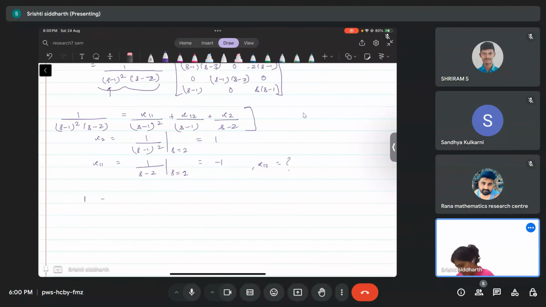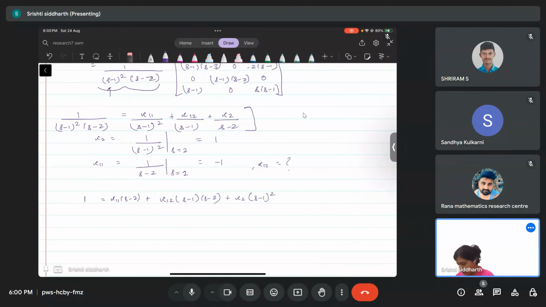Alright, so we have 1 equals C11 plus C12 (s minus 1), sorry, (s minus 2) again, and then we have C2 (s minus 1) squared.